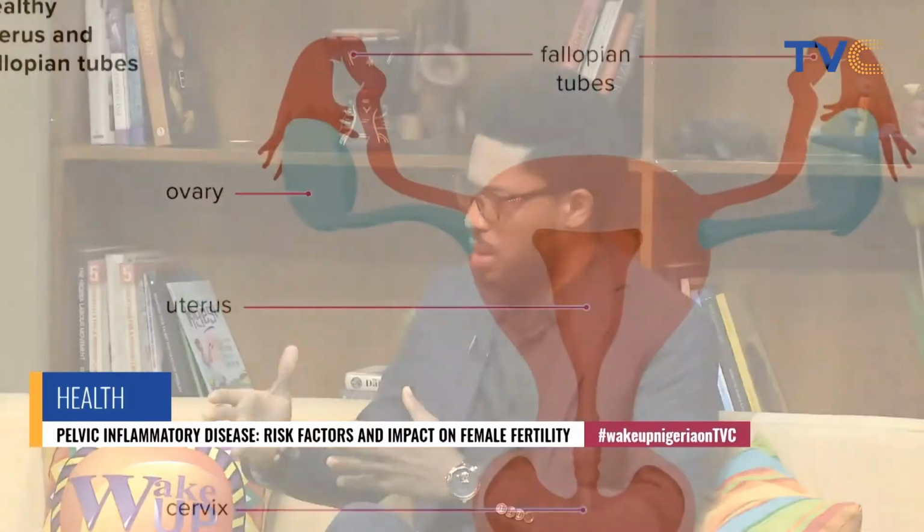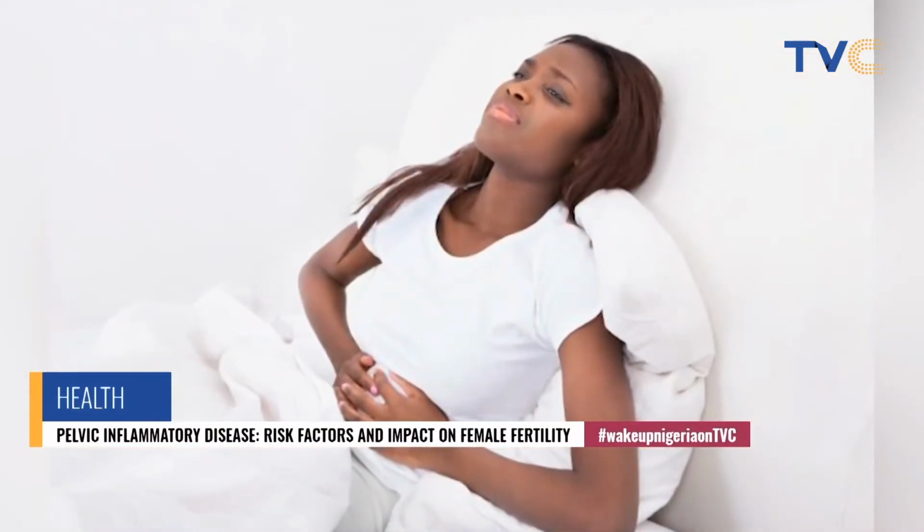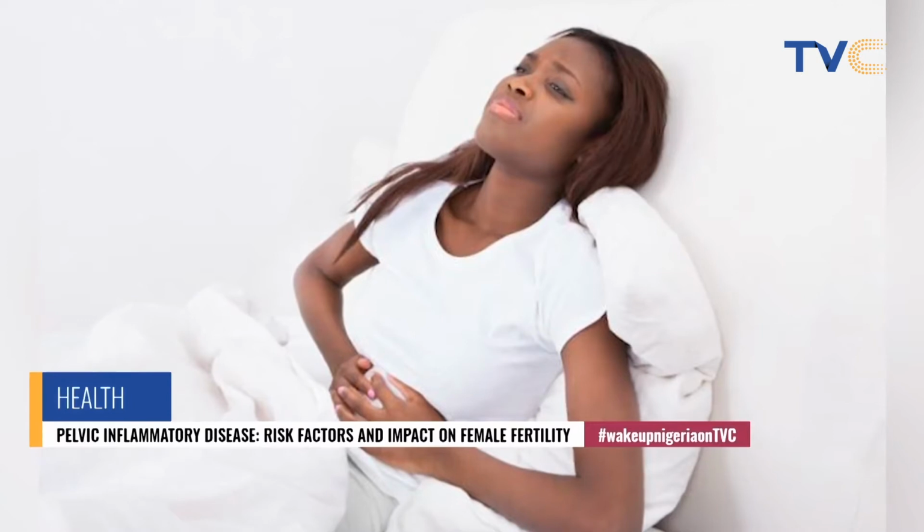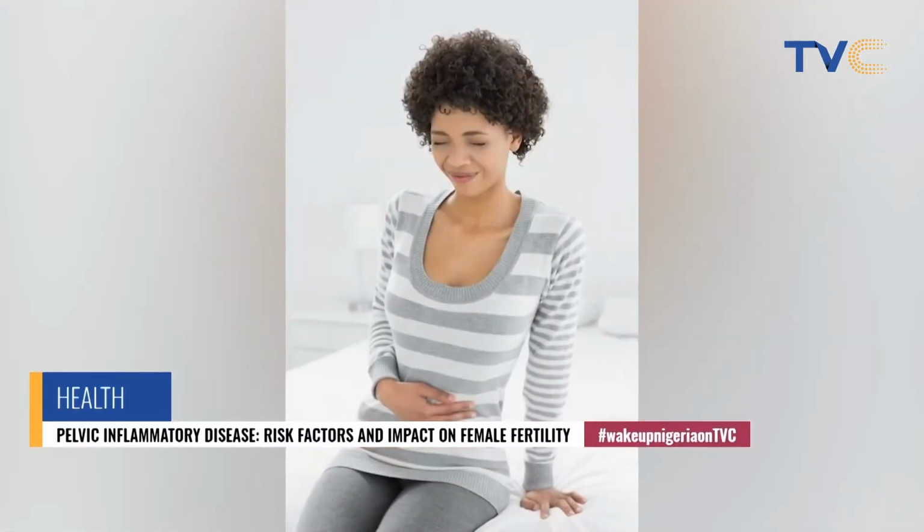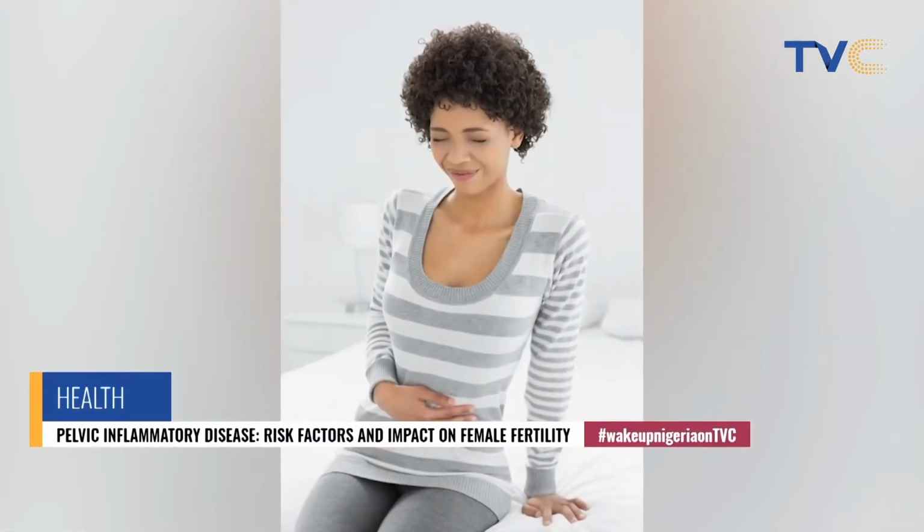Early age of first sexual activity. And we're looking at 18 years of age here. So women who have their first intercourse before age 18 are at a high risk of PID. Then being under 25 years of age and engaging in intercourse, that's also a risk factor.